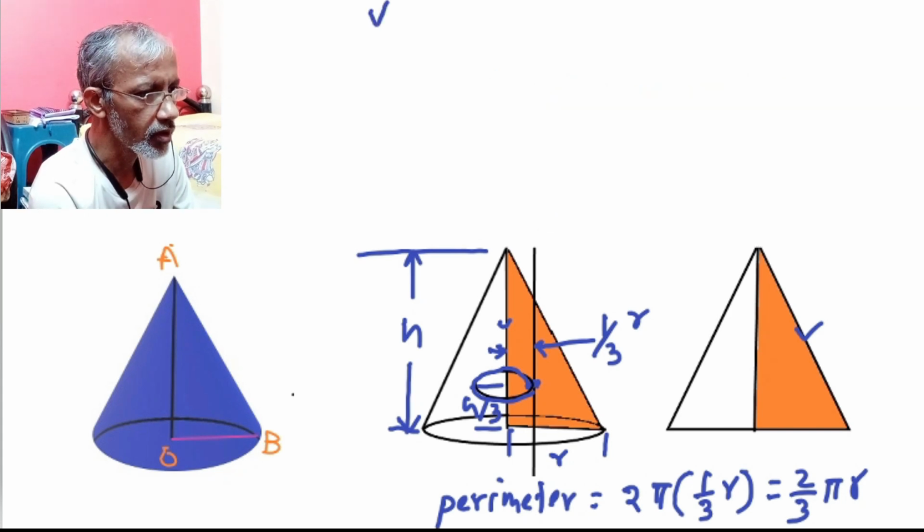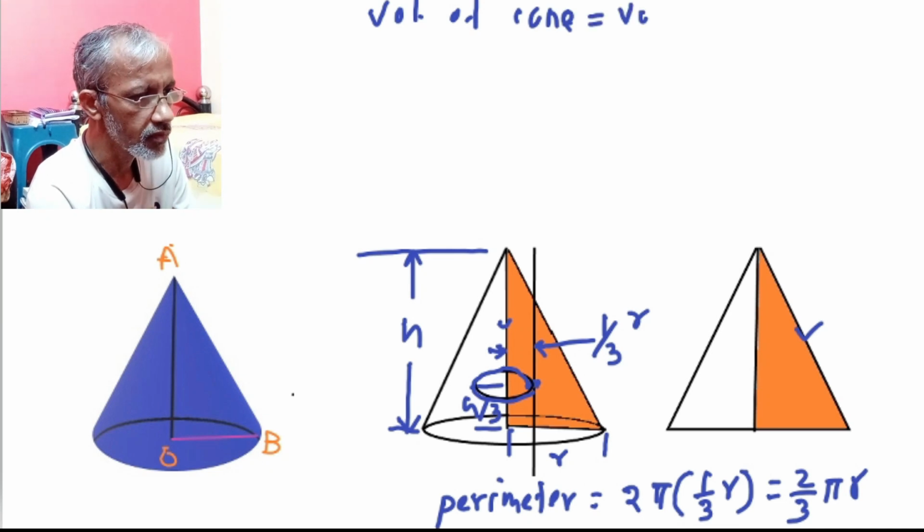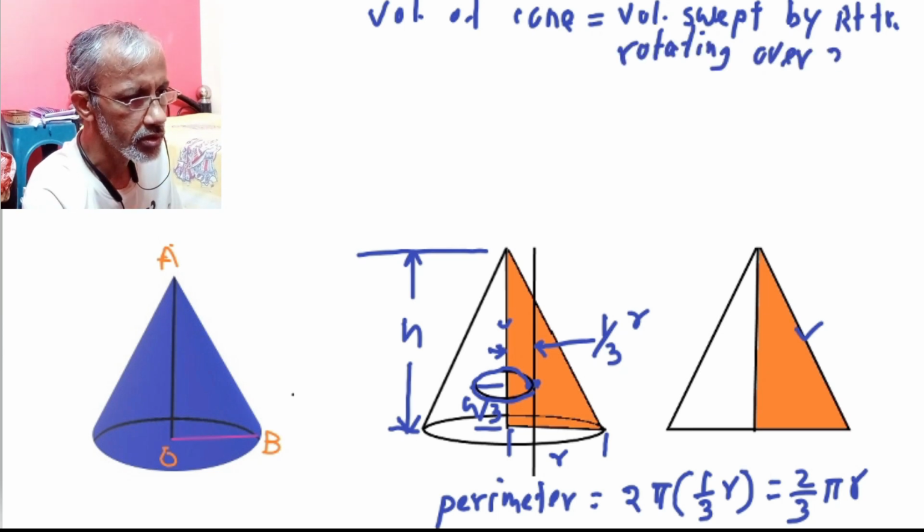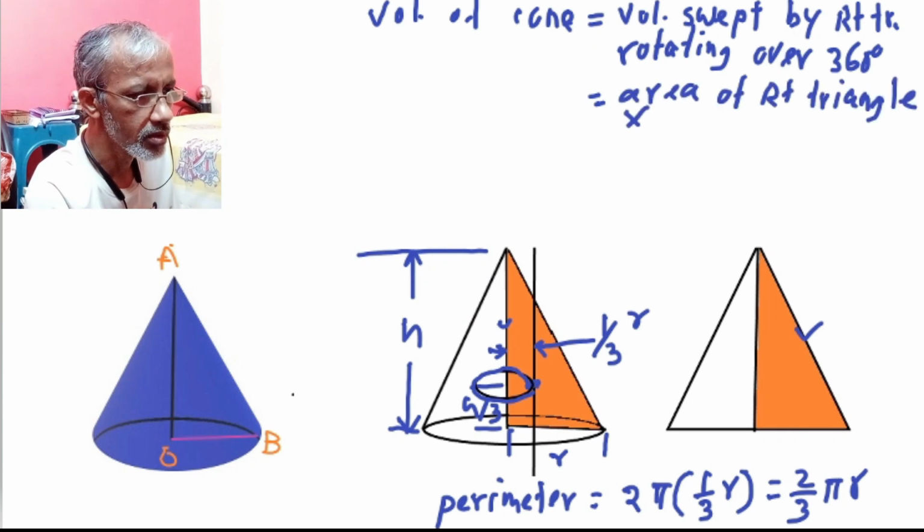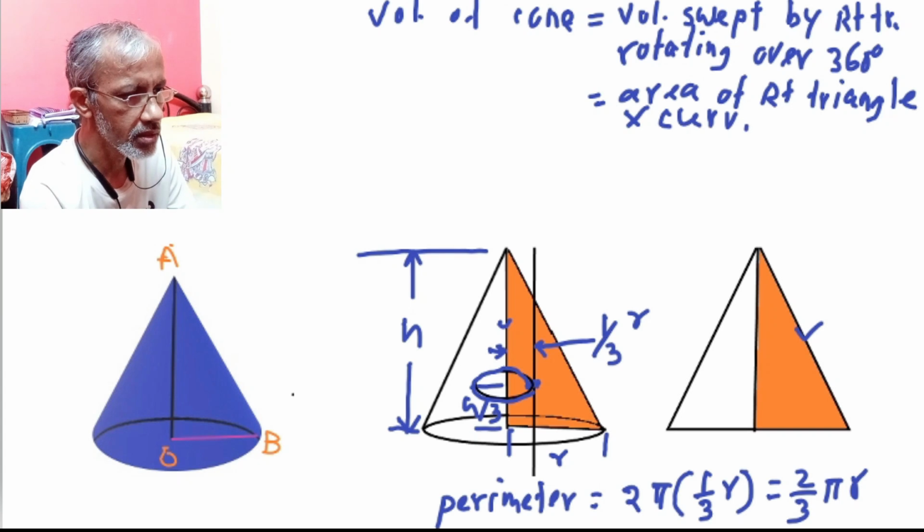So volume of cone is equal to the volume swept by the right triangle rotating over 360 degrees. That is equal to the area of the right triangle into the curvilinear distance.